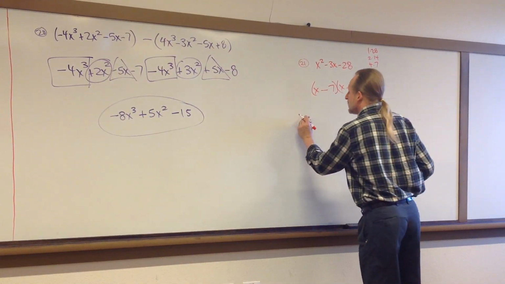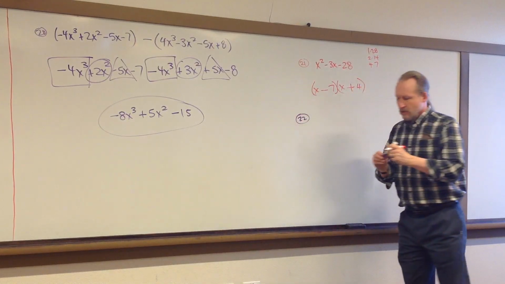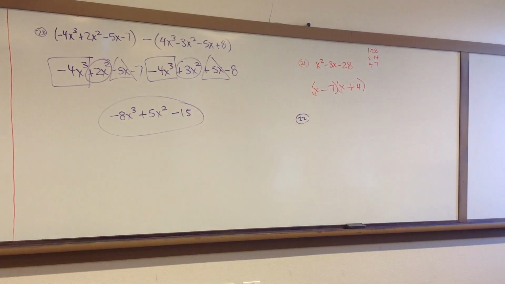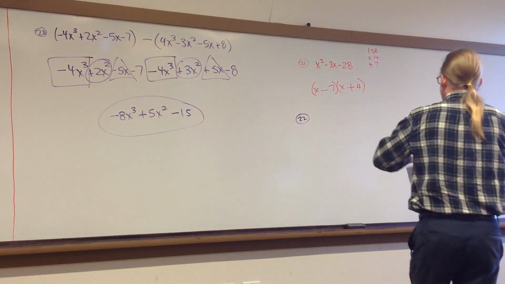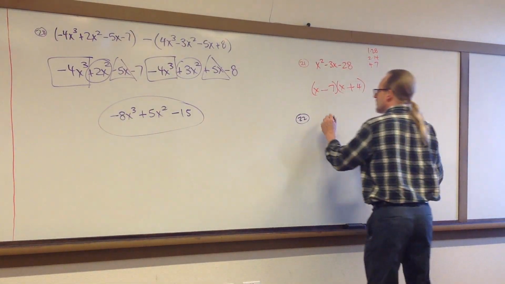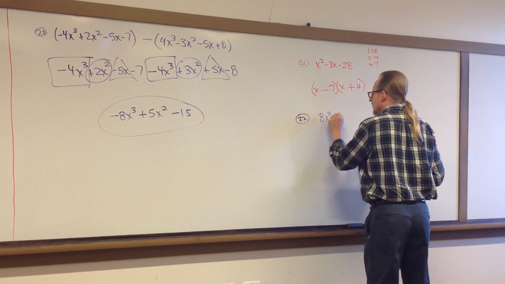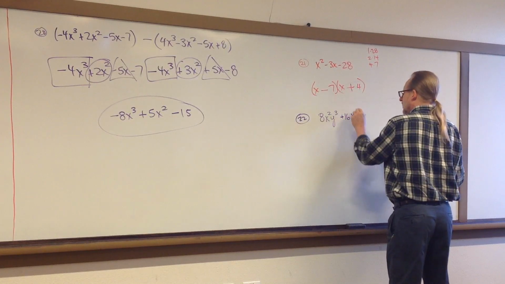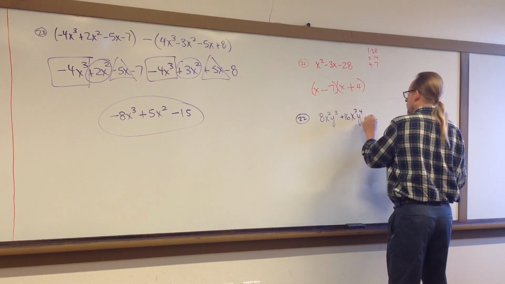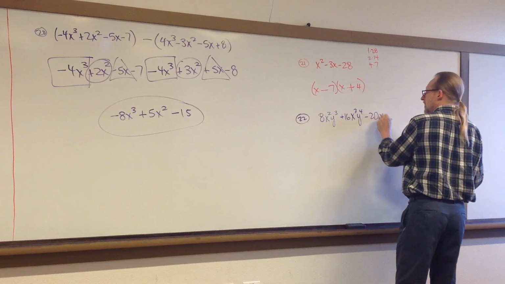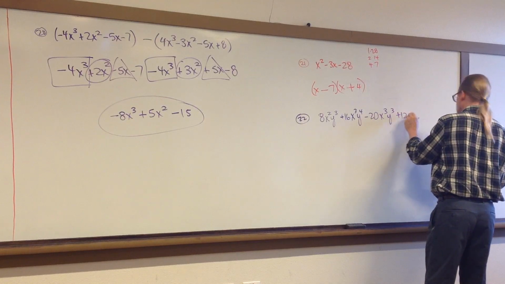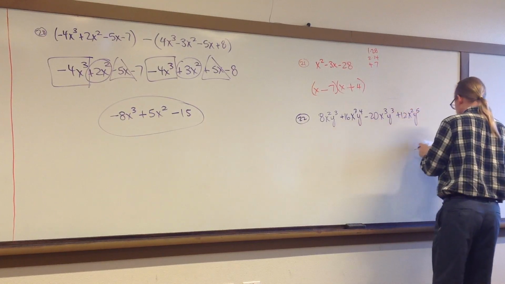Okay, let's see here. 22. We're going to look for a greatest common factor. Let's see what we've got here. 8x squared y cubed plus 16x to the third y to the fourth minus 20x cubed y cubed, and then 12x squared y to the fifth.